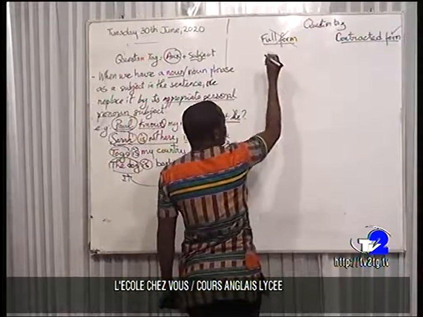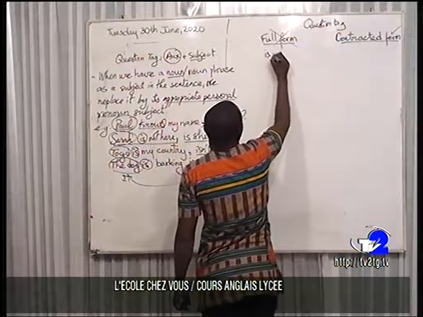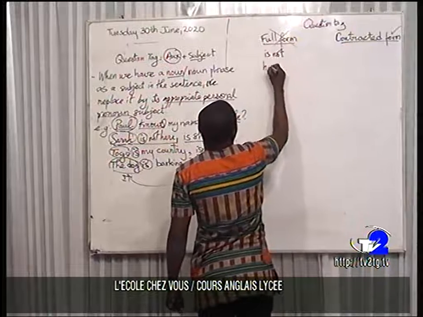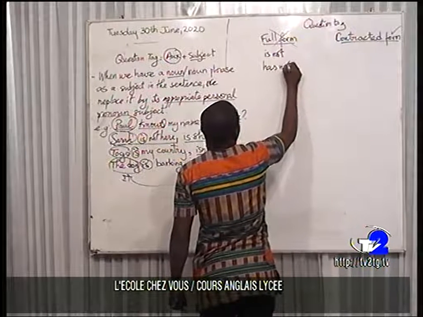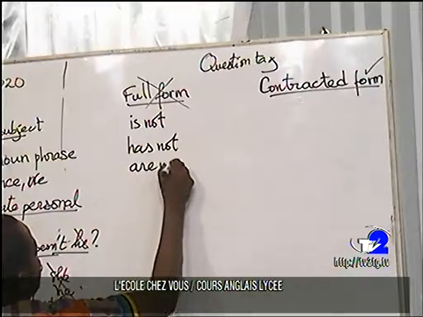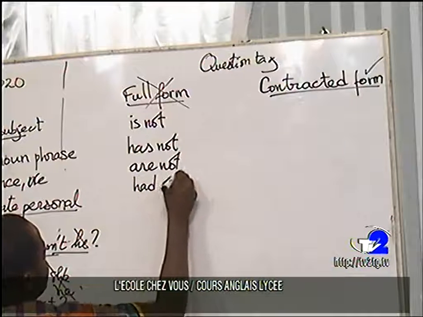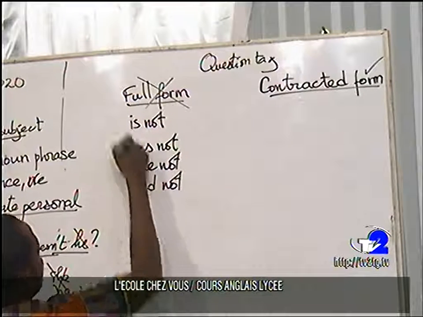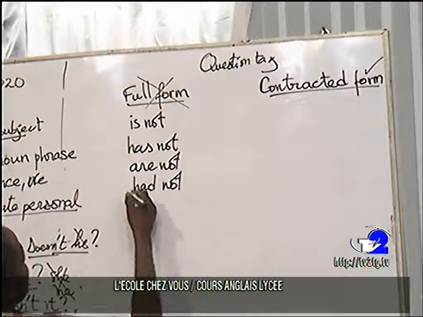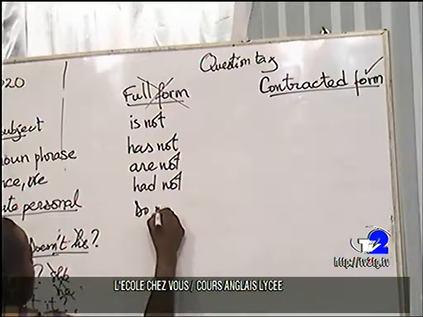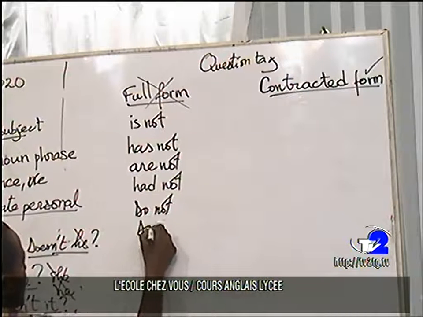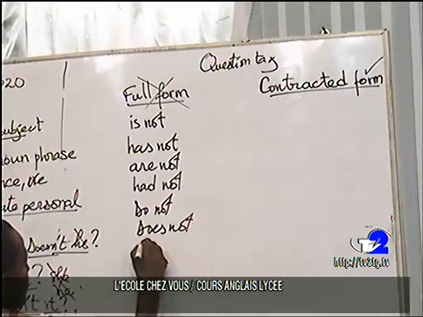Let's take some verbs. When we say is not, has not, for instance, are not, had not. Now let's deal with simple auxiliary. It will remain what? Do not, does not, did not.